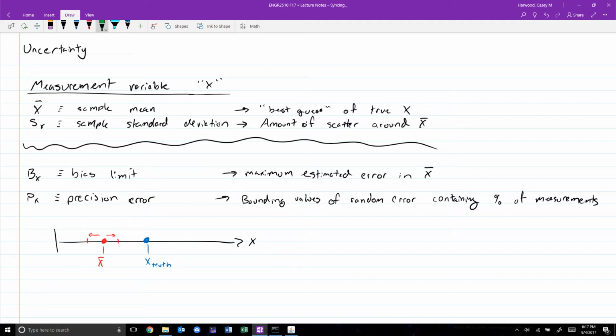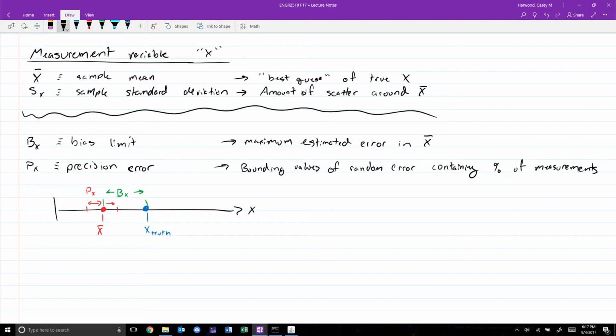So the distance from X bar to X truth, we would estimate this as Bx, and the amount of error caused by random fluctuations in our measurement we would call Px.